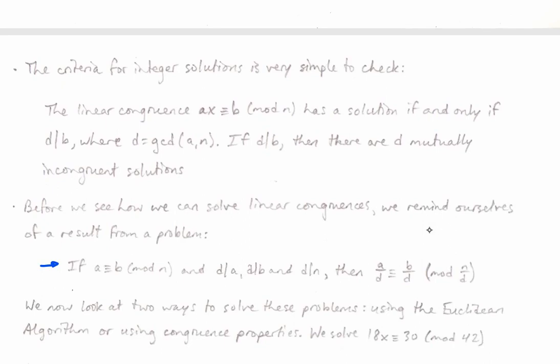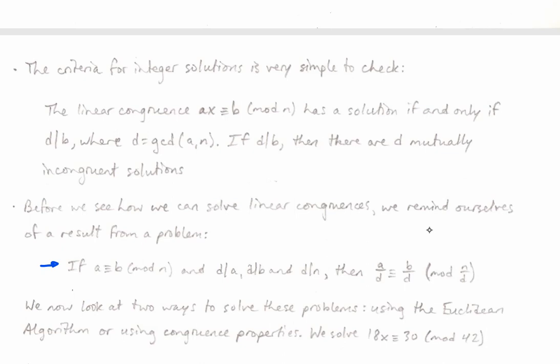There are two ways that we can solve these. You can use the Euclidean algorithm. Given the stage of the course that we're in, that may be a more surefire, a more concrete way to come up with the correct answer. But overall, it is more time consuming.